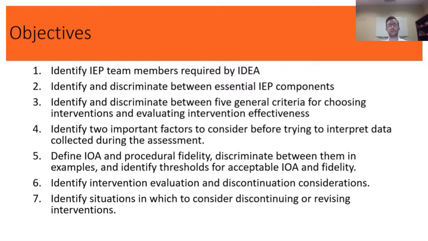The first is to identify IEP team members required by IDEA, identify and discriminate between essential IEP components, and that's after we've done a brief overview of what the IEP is.